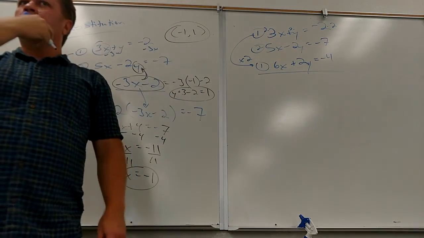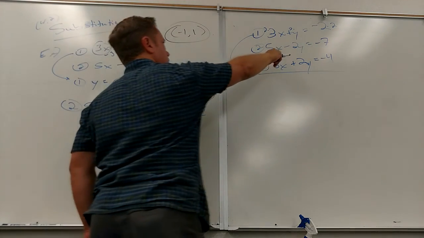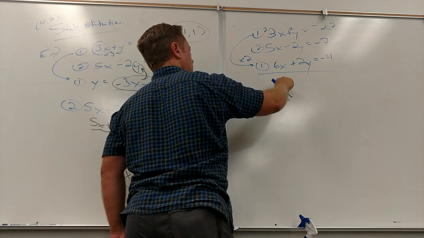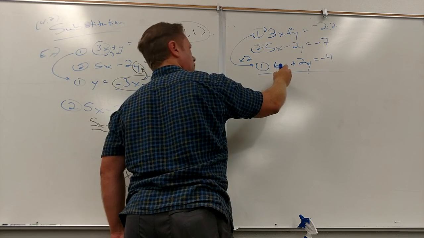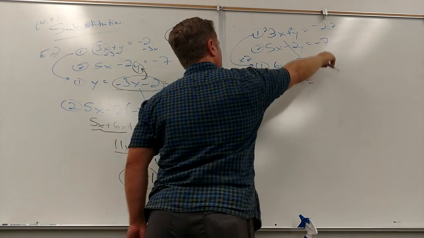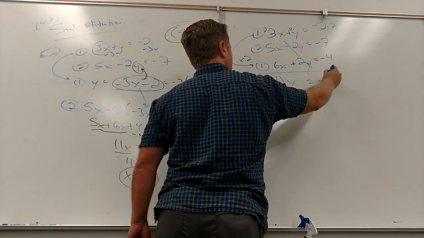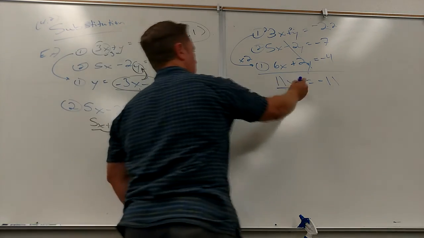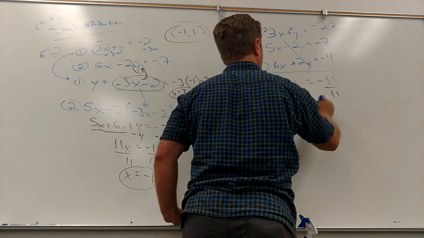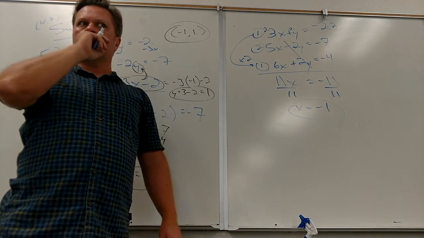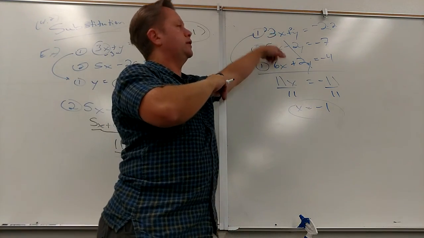This is going to look kind of familiar here in a second. And then divide by 11, I get x is negative 1 again. Then you can plug that into either one of these.